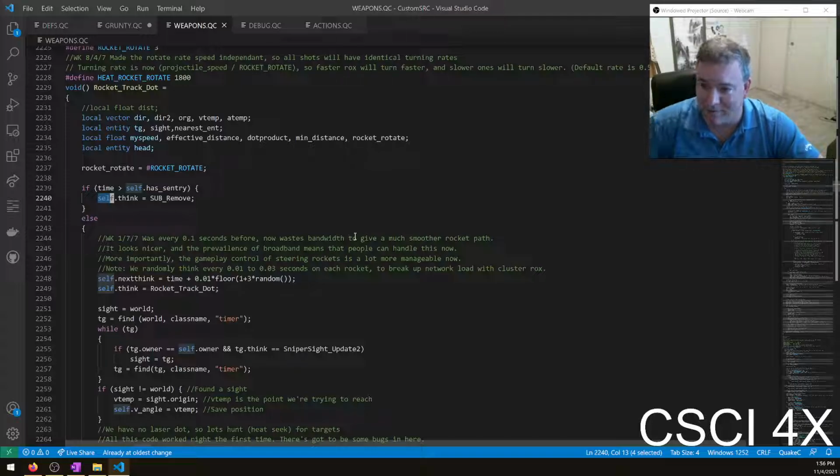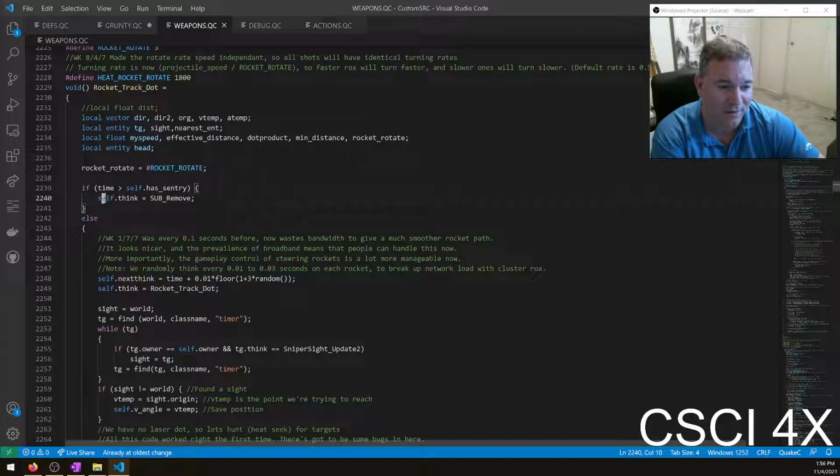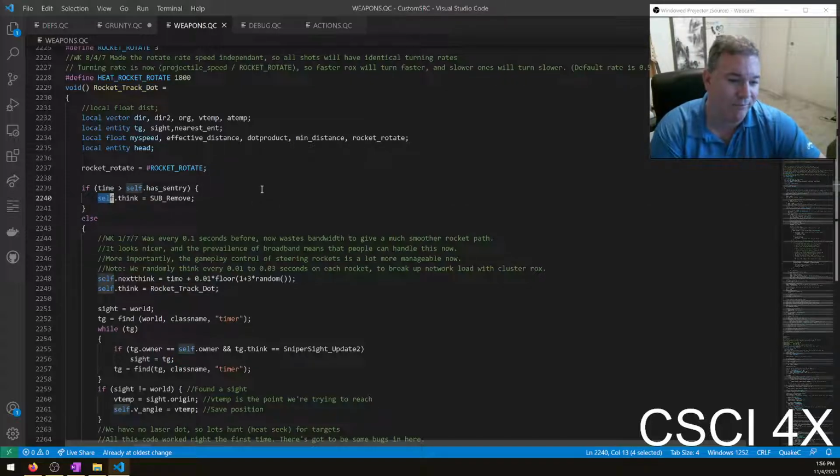Then it calls whatever think function they have, and so it sets self to be the rocket. And then rocket track dot gets called. Self is me. I'm the rocket now.